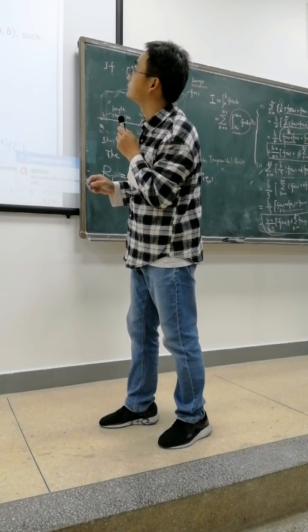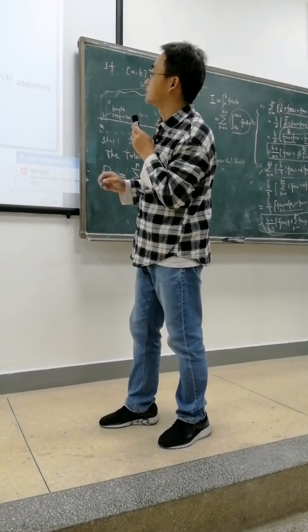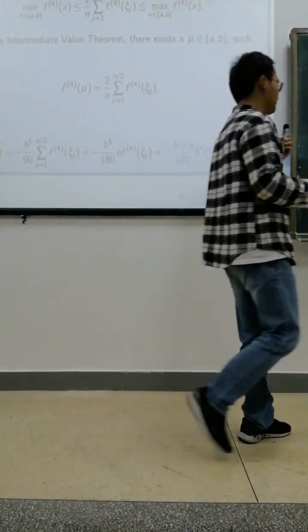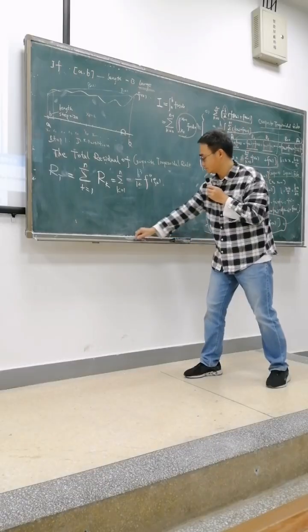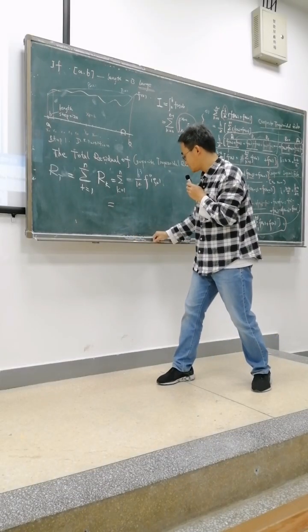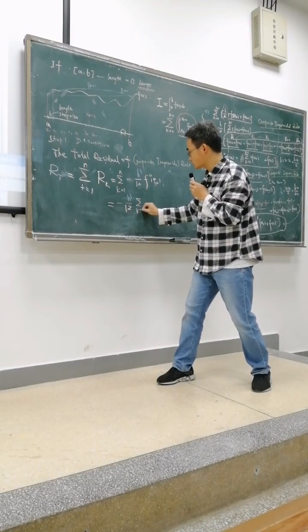For this, we can directly write minus 1 over 12, h squared, h cubed, a equals 1.